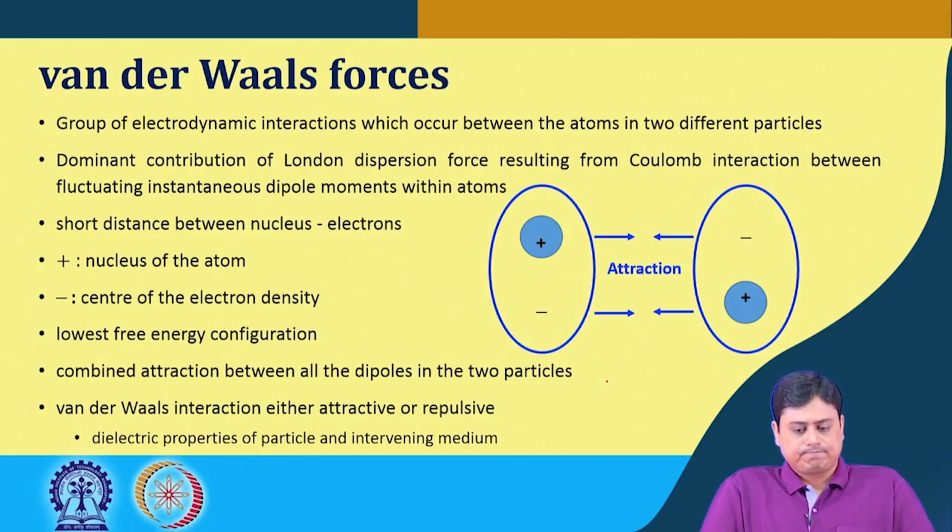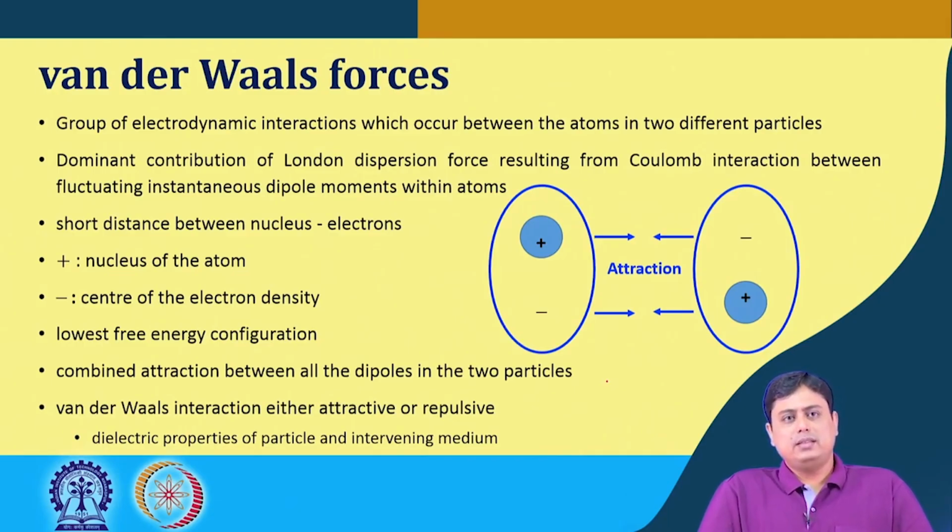Now, this Coulomb interaction between fluctuating instantaneous dipole moments within the atoms, how does it happen? So, let us consider a scenario that we have a molecule.